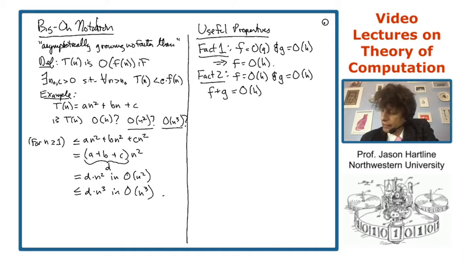And why might that be the case? We'll look at this in detail in a second. But essentially, if f's asymptotic growth can be bounded by some constant C times h of n, and g can be bounded by some other constant C times h of n, then f plus g can be bounded by the sum of those two constants times h of n.